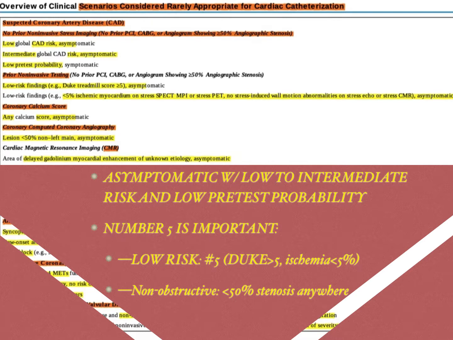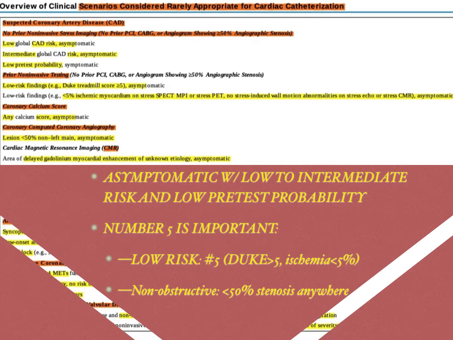In which scenarios not to do the cardiac catheterization? I'll tell you some key words. In asymptomatic patients with low to intermediate risk and low pretest probability, you have to ask yourself twice if you want to take them to the cath lab. Remember the number 5. Low risk is a Duke treadmill score more than 5.